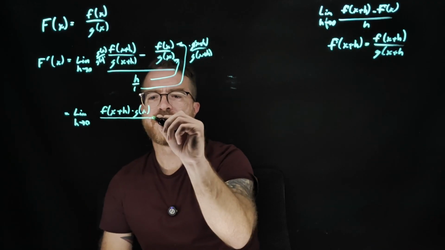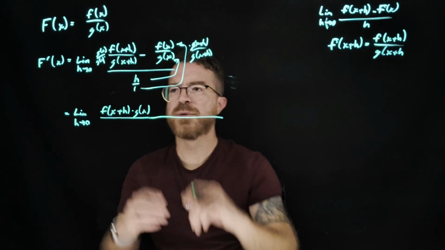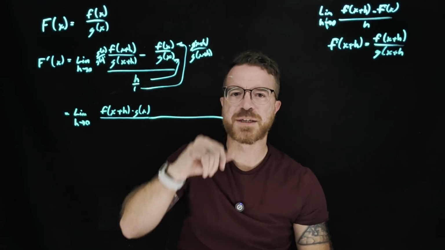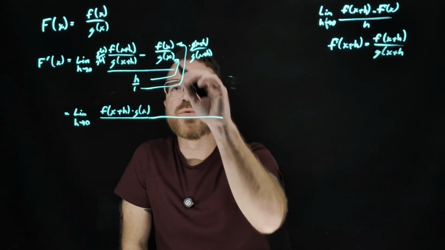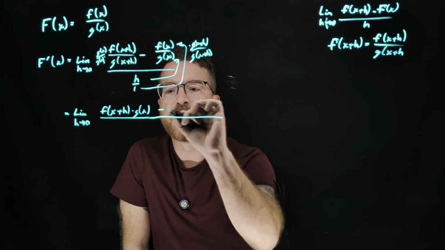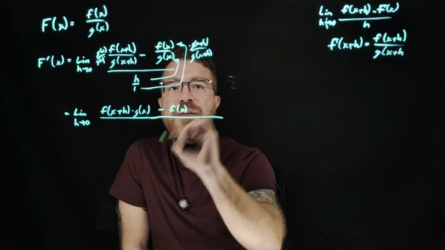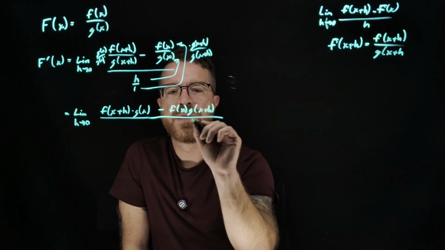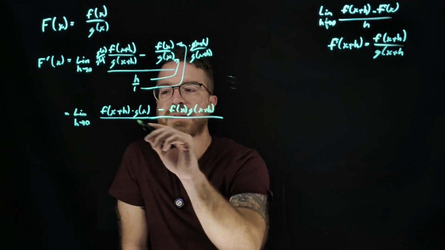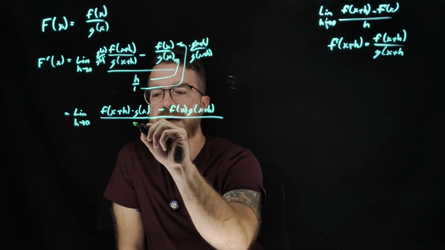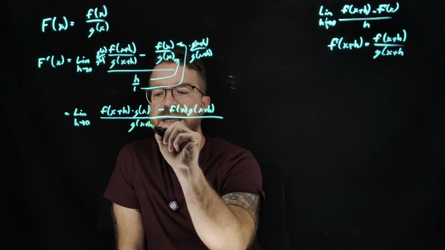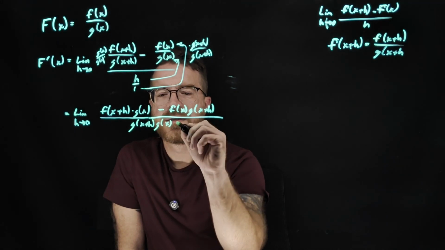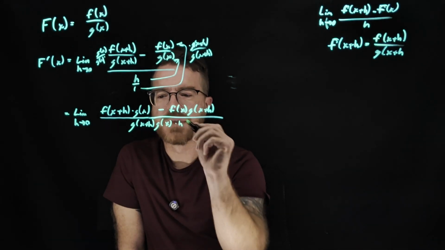I'm actually just going to combine it all together because they're going to have the same base, g of x plus h times g of x. This one's going to be g of x times g of x plus h, same thing. So this one is going to be minus f of x times g of x plus h. And then this entire thing is going to be divided by g of x plus h, g of x, and then of course times h.